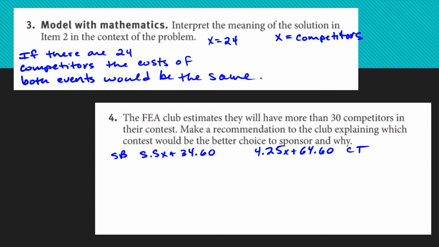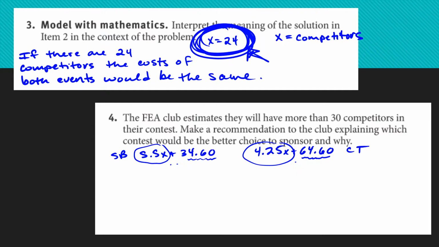So if we already knew they were going to be equal at 24 competitors, and there were going to be more competitors than that, is the number of competitors going to affect the 3460 in the problem? No, so that's not really a factor here. The 6460, that's not really a factor. What's going to change if you have more competitors, you have more x's, is it's going to multiply to this part, right? So which one's going to be cheaper? This one, right? This one would be cheaper.